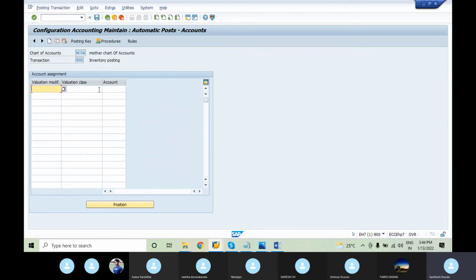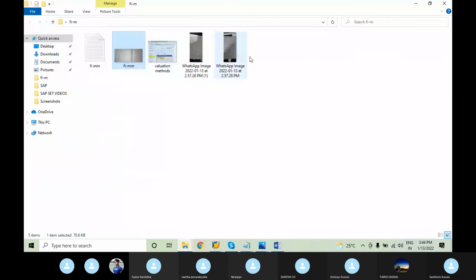So basically, these are the fundamental jobs of the FI consultant, where we integrate between FI and MM. For the rest of the process, we need to have the overview: what is the valuation class, valuation modifier, and the transaction keys. And what is the price difference?